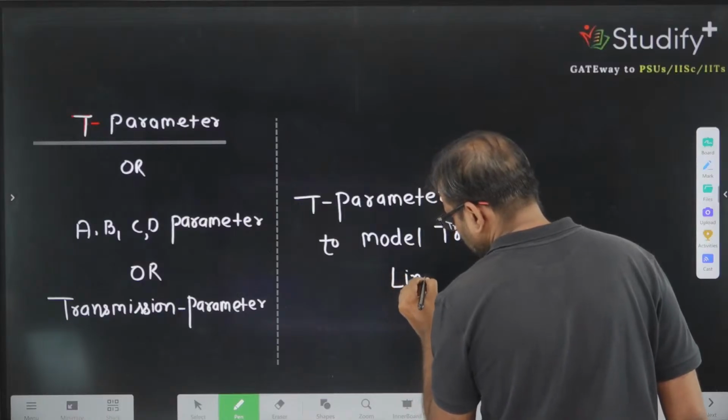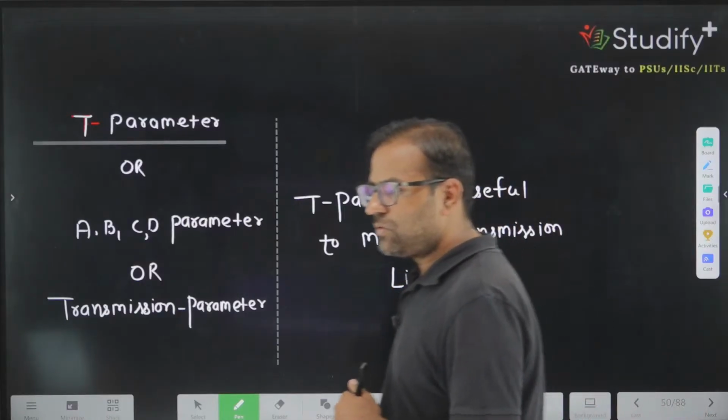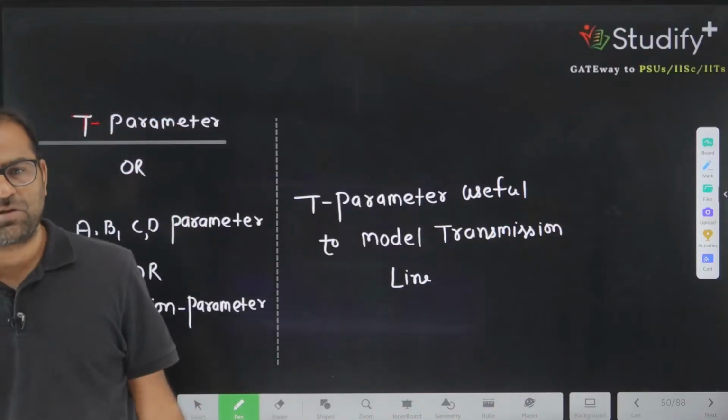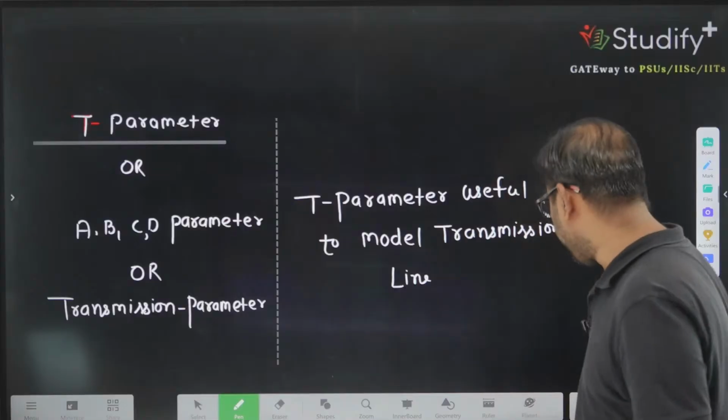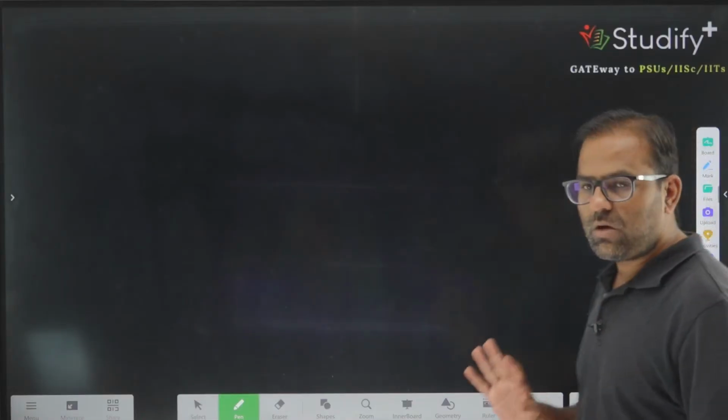This parameter is useful to model the transmission line, and that parameter is known as ABCD parameter or T parameter. So let's talk about this, how we can define the ABCD parameter.